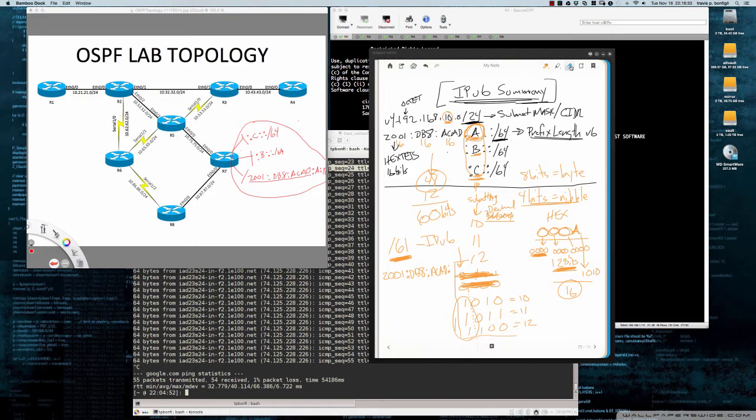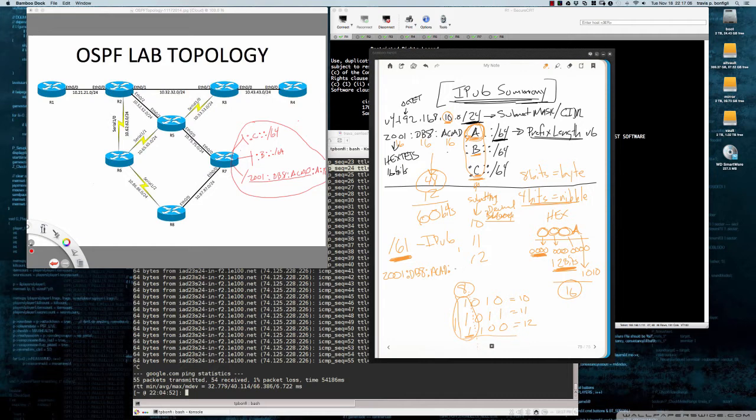In fact, where is my eraser? Yeah, all right, fantastic. So let's create some space here, and we didn't need those guys anyway. All right, so we'll drop back here to the pen. So we've got 2001 colon DB8 colon ACAD colon, and we know that this bit value here is equivalent to 8. Okay, so this equals 8.